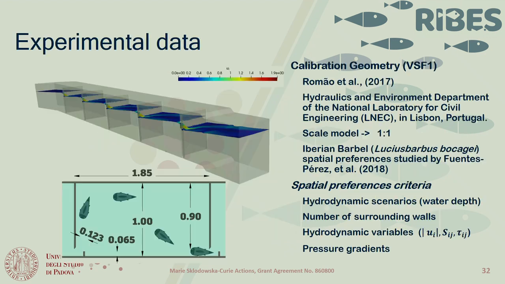You will see. In order to test different targeted fish species and different geometries, we chose Iberian barbel in this case. Thanks to the University of Valladolid, we had a bunch of data that we could use to validate and calibrate our model. The calibration geometry was this particular vertical slot fishway, in which they performed a lot of tests.